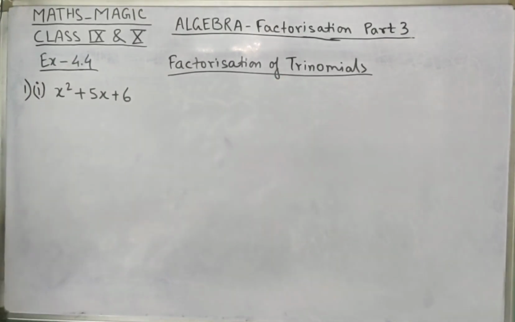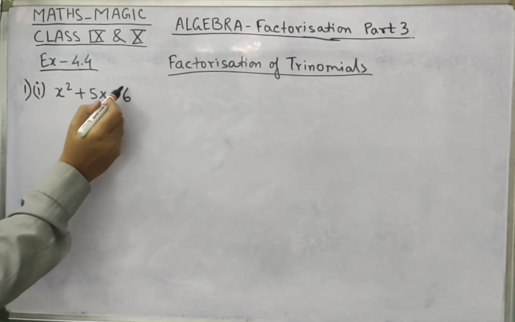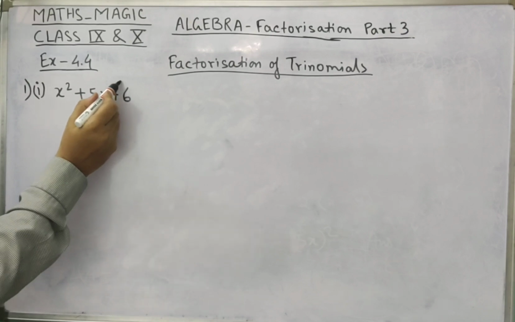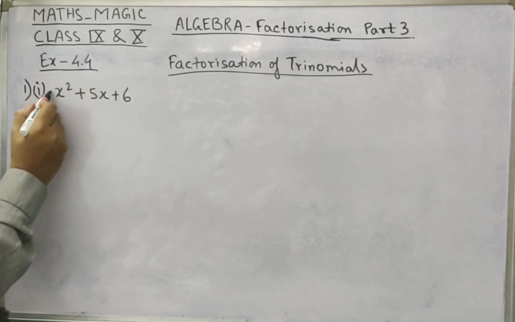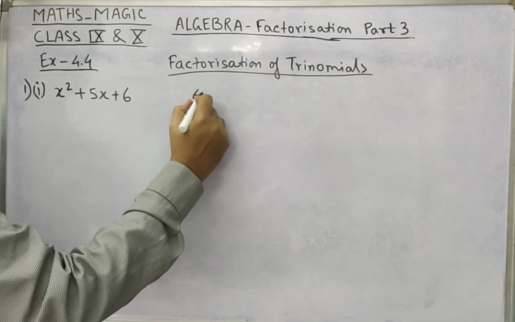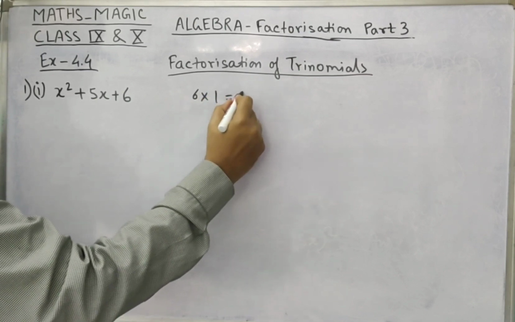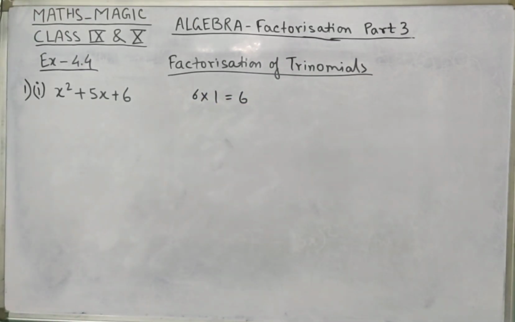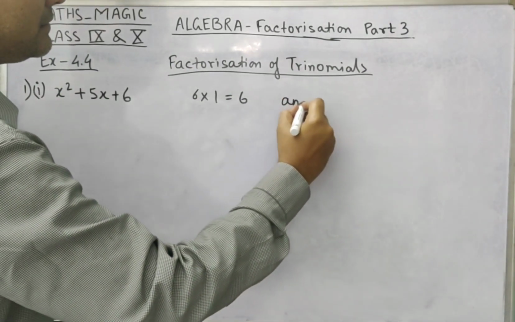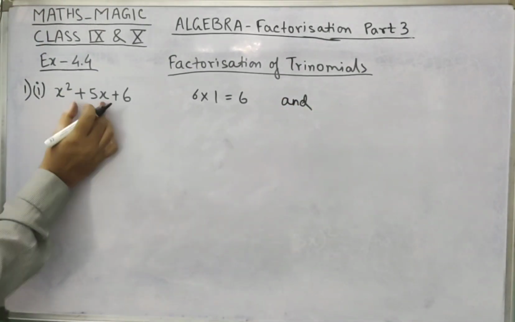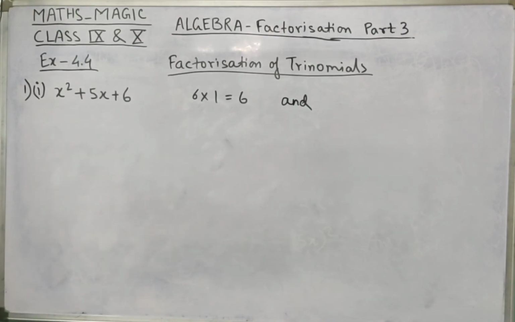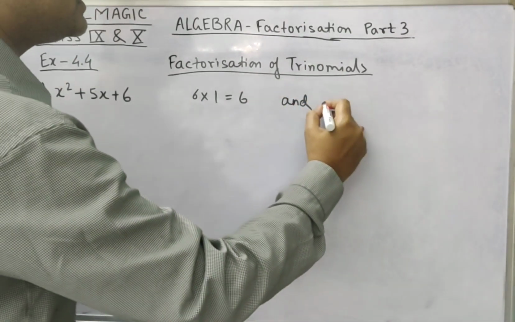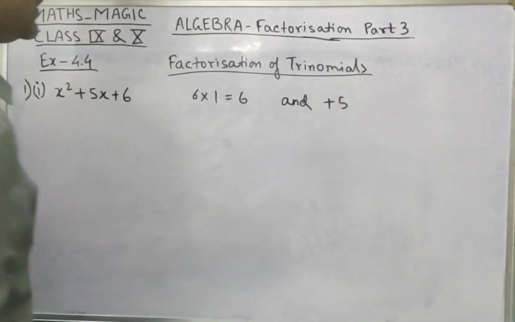Using this method. Now this 6 is getting multiplied by 1. So 6 into 1, I get 6. Okay, this is one thing. And we have plus 5 in between. So just remember this, plus 5.